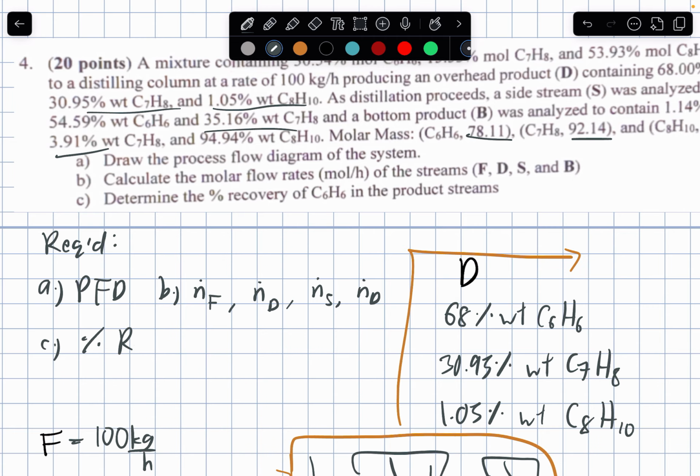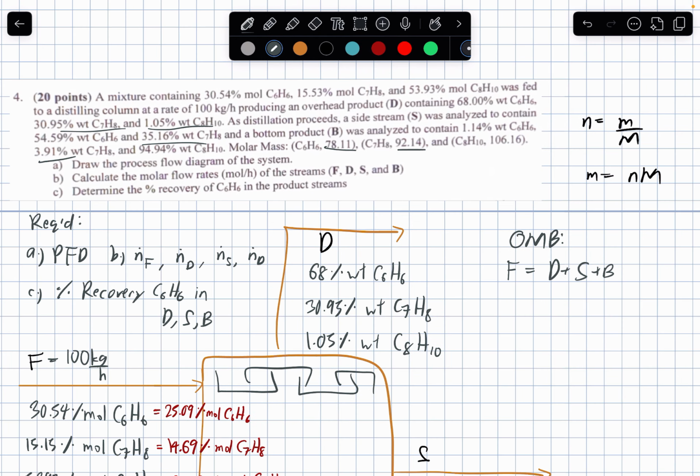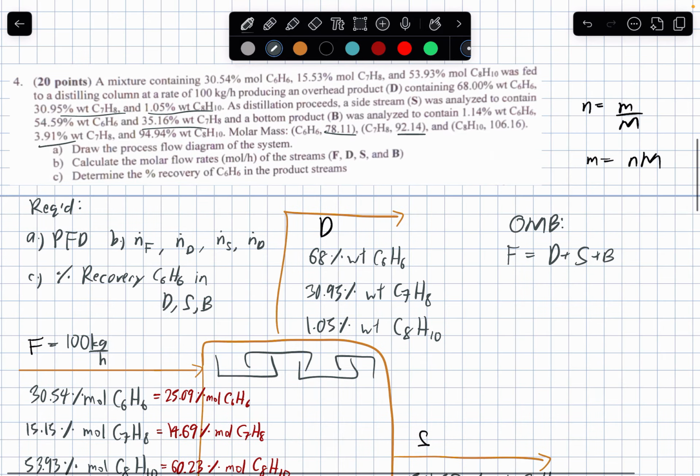And third, we have to calculate the percent recovery of C6H6 in the product streams, namely D, S, and B. Technically B is a product, but in the context of distillation, the bottoms stream is basically like the raffinate in an extraction process. It's like the waste, but it's still a product stream anyways.